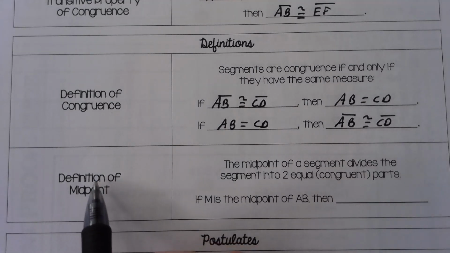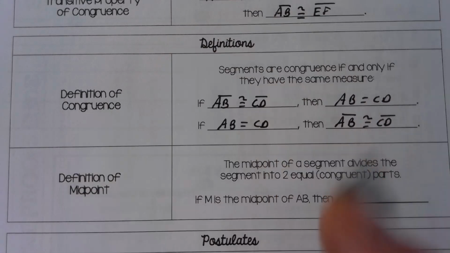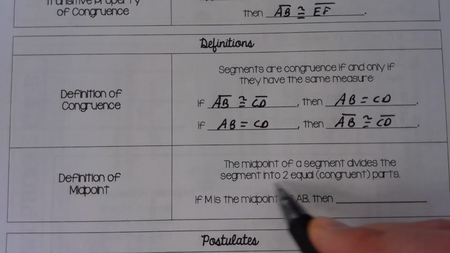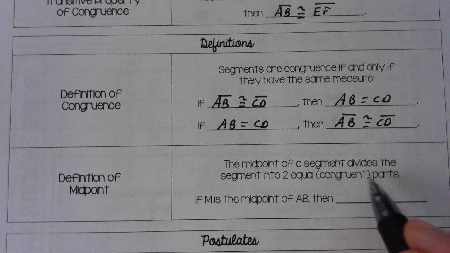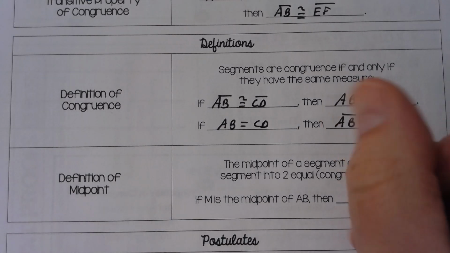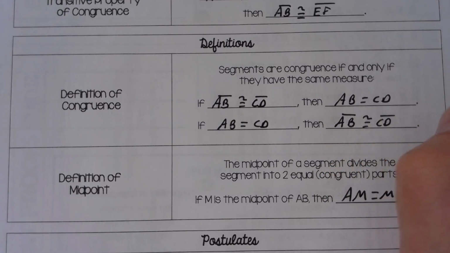Definition of midpoint. You're going to use this one a lot, as well as all of them, so just learn them. The midpoint of a segment divides the segment into two equal, congruent parts. If M is the midpoint of AB, then AM is equal to MB.